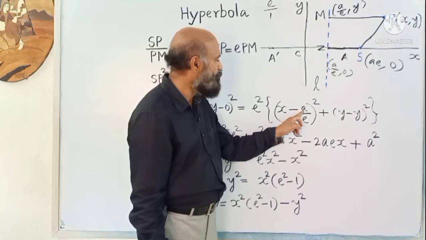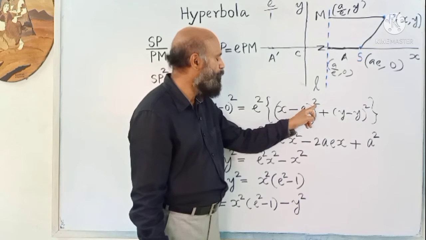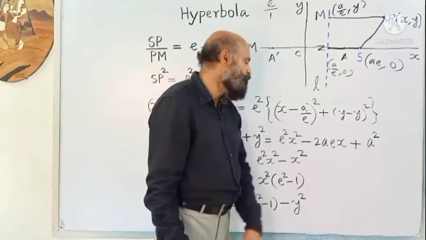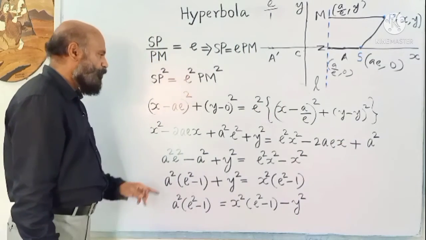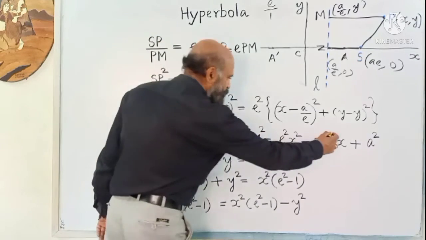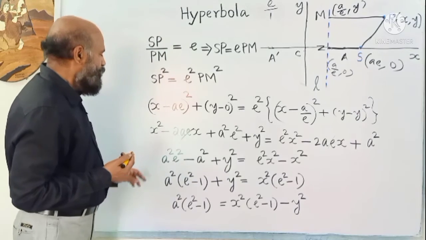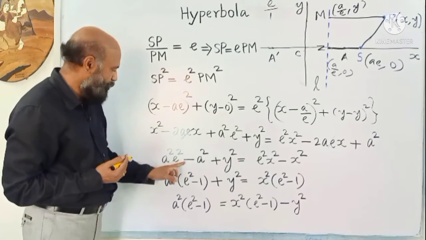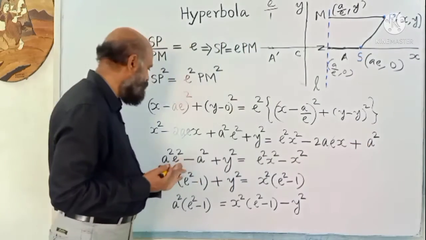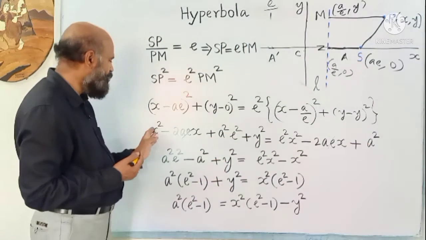Then the next term A square by E square, but E square is outside, so it will become A square. Now minus 2AEx and minus 2AEx will get cancelled.